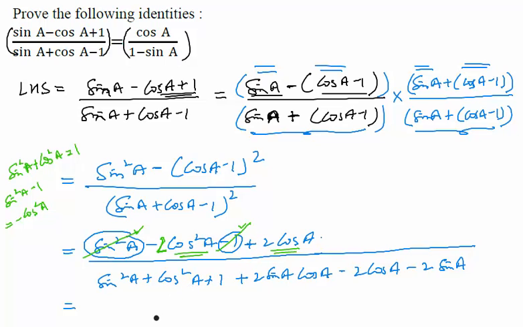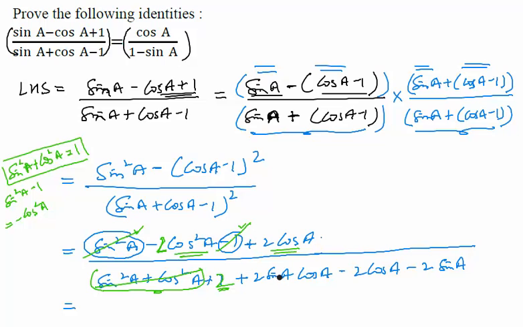Let us look at the denominator now. In the denominator I have sin square a plus cos square a, which is equal to 1, and I also have one more 1. So I can leave out this expression, write it as 1 and add it with this one to get 2.